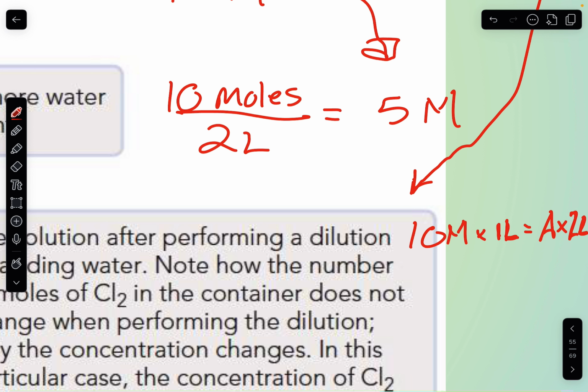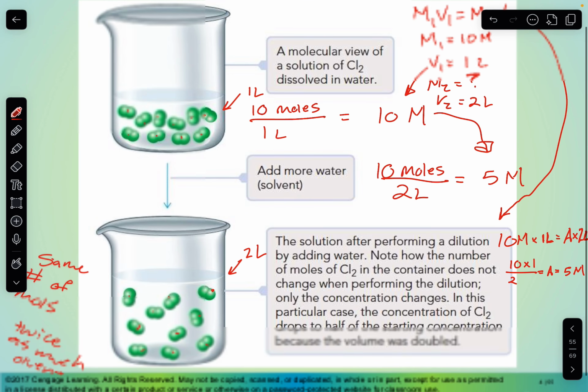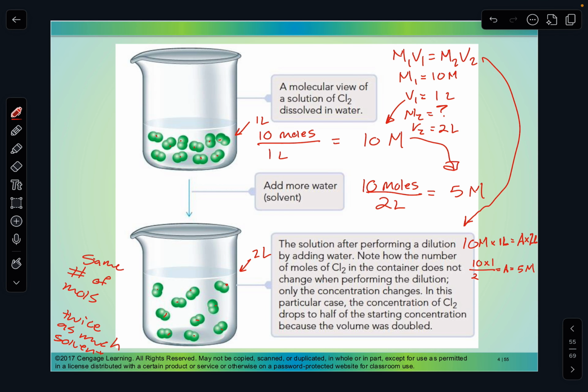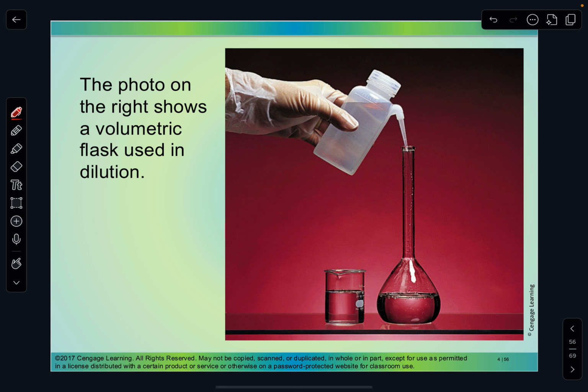And we'll rearrange to solve for A. We'll say 10 times 1 divided by 2 equals A, which is equal to 5 molar. So either way is fine to do it, but it really just means the same thing. It really means that when you're doing a dilution, there are the same number of moles as when you started. That's really what the big takeaway is.